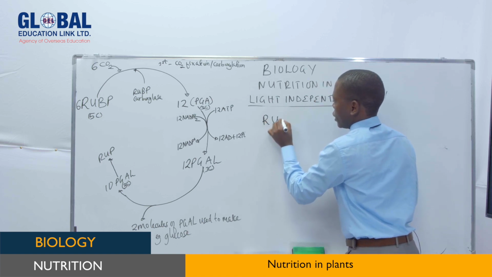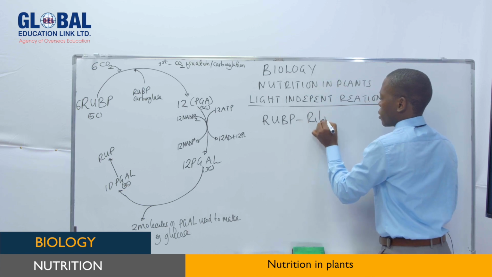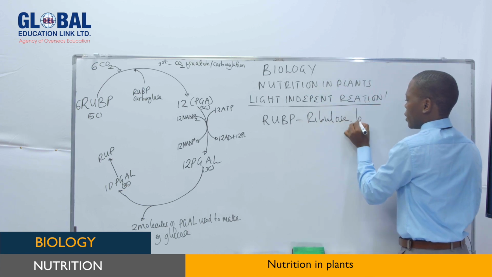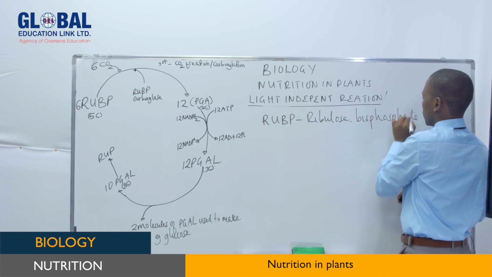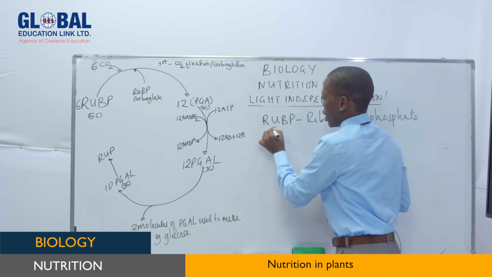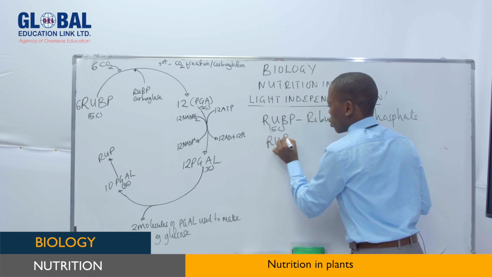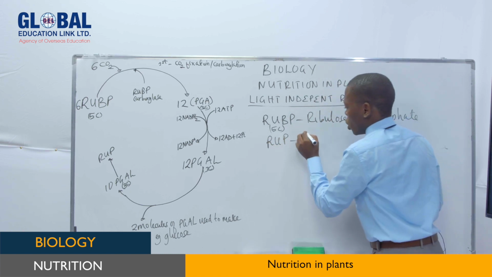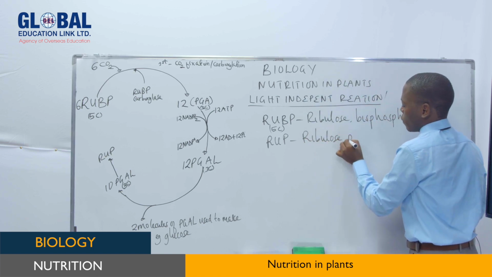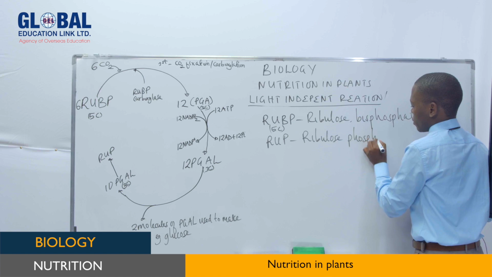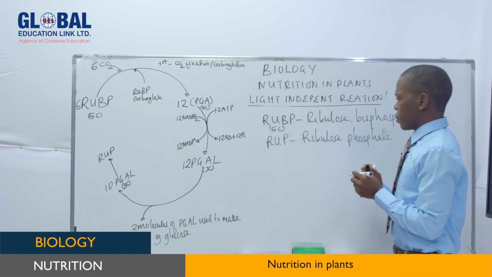If you remember, we have said RuBP stands for ribulose biphosphate. It means this 5 carbon compound has 2 phosphates. But this RuP stands for ribulose phosphate. It means this compound has only 1 phosphate.